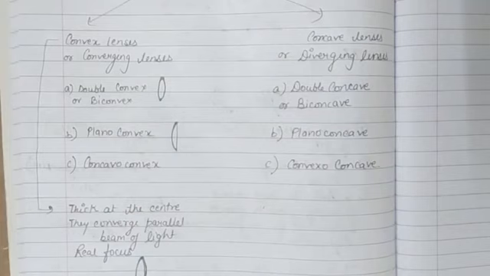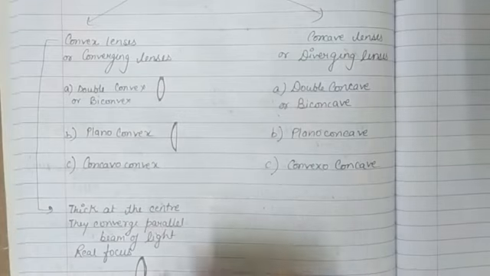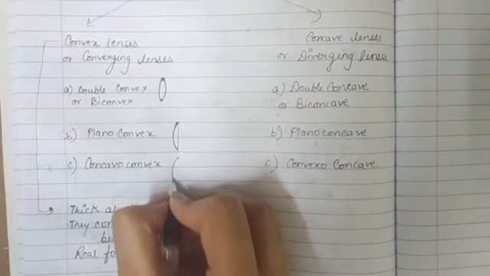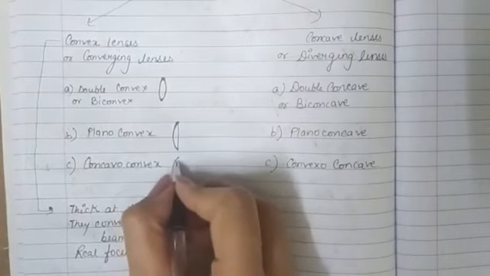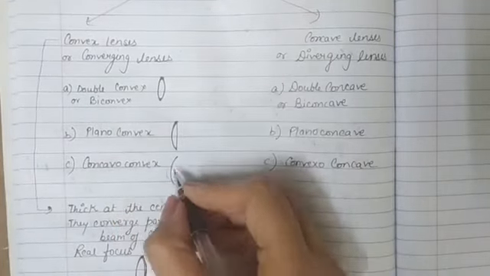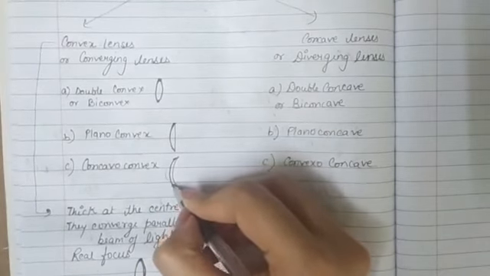Similarly for concavo convex lens, one side is convex while other side is concave, right? So convex side is that which bulges out at the center. The one that sticks out at the center, this is convex. And again for concave, which has a dip at the center.